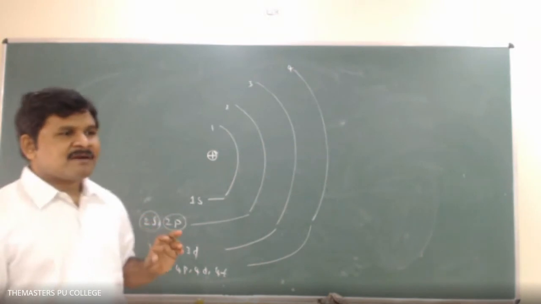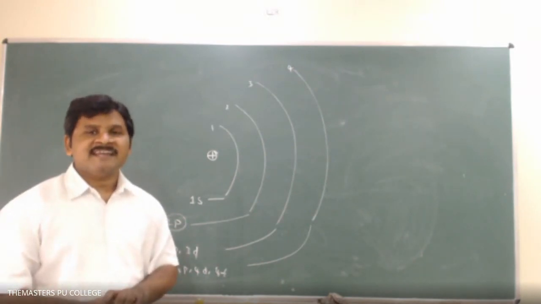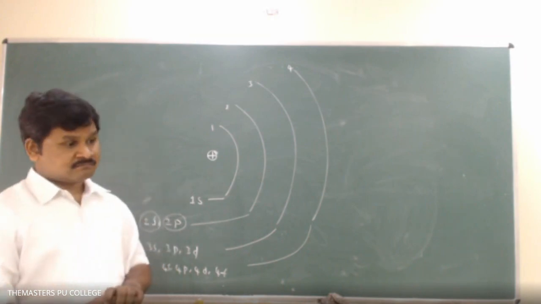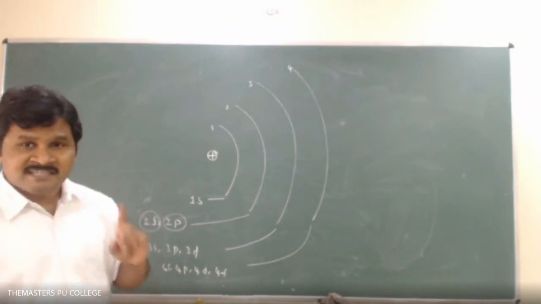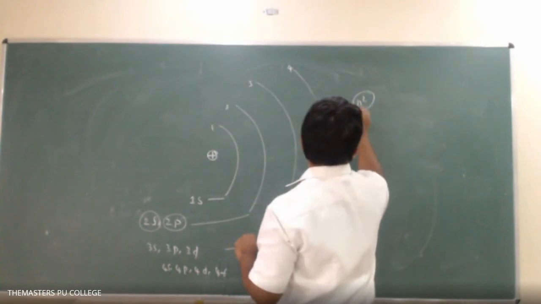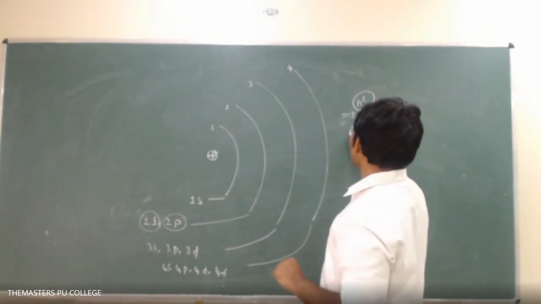Next, number of orbitals. Number of orbitals in a shell is equal to n square. Suppose I want to calculate the number of orbitals in the second shell.